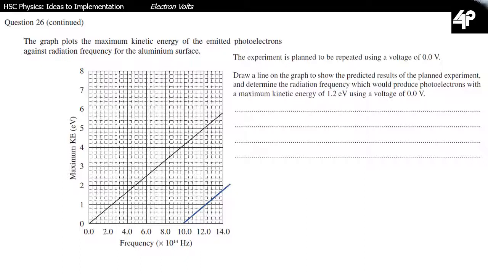So now you can see that I've drawn this line there, and to address the remaining part of the question, which is to determine the radiation frequency that is going to produce photoelectrons with a maximum kinetic energy of 1.2 electron volts using a voltage of 0 volts, the first thing that we're going to do is read straight off the graph. So I'm going to put in a line across at 1.2 electron volts like so.